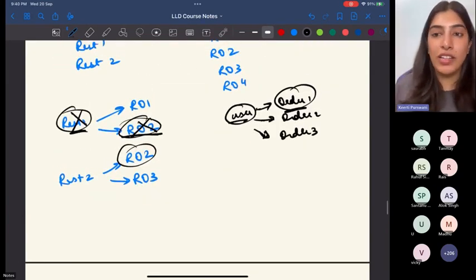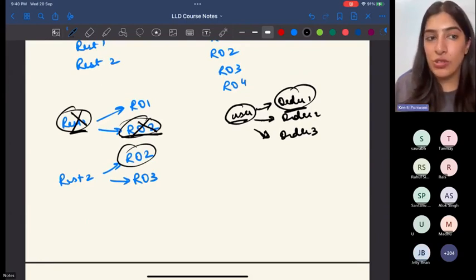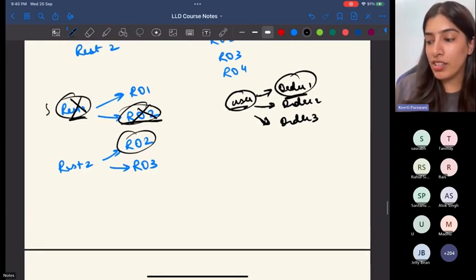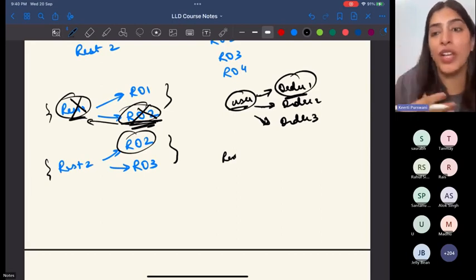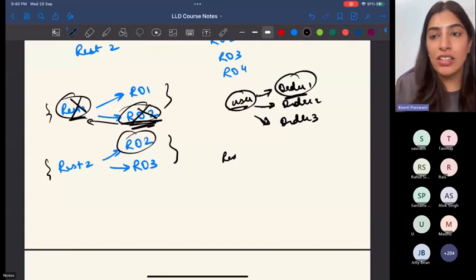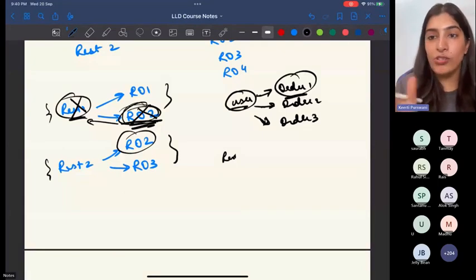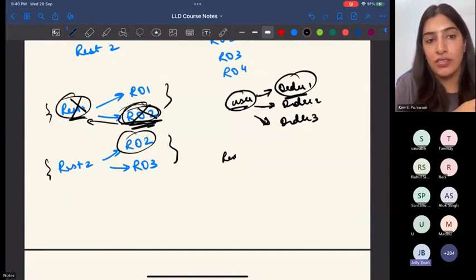So he is saying that if it is a many-to-many relationship, so many restaurants can have many restaurant owners, it is not like the restaurant owner's entire life cycle is dependent on only one. It can belong to many restaurants. So it cannot be composition. It has to be aggregation.